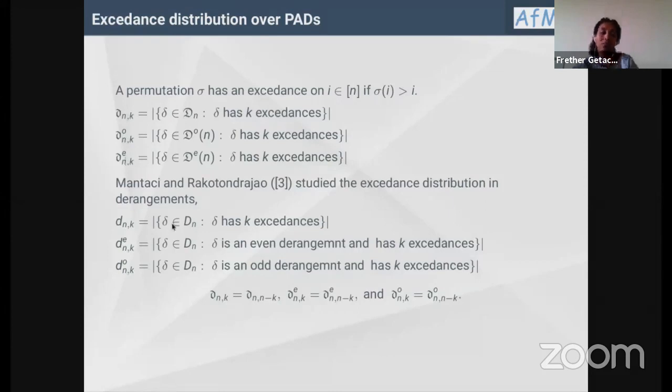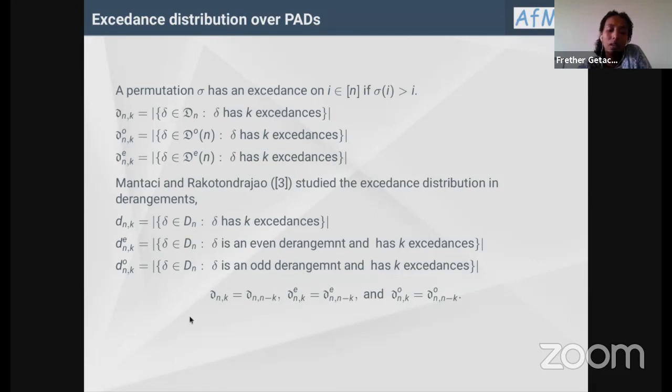As I was saying, Mantaci and Rakotondrajao gave a deep study of the numbers of derangements having an excedance distribution. So we use this to see some results for these numbers.